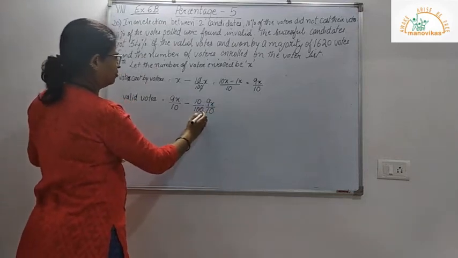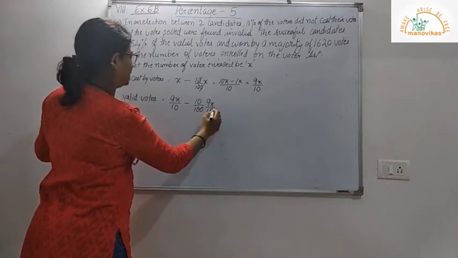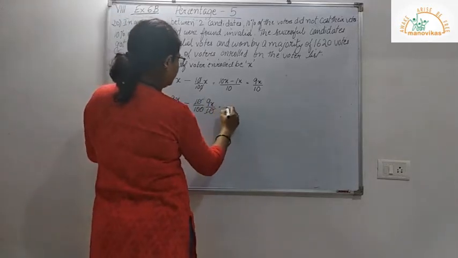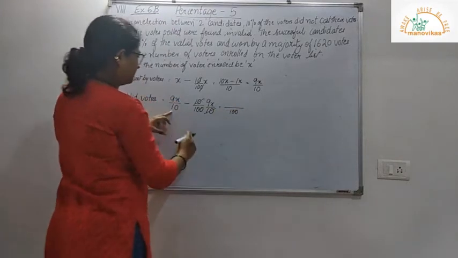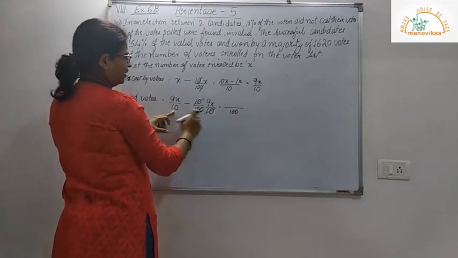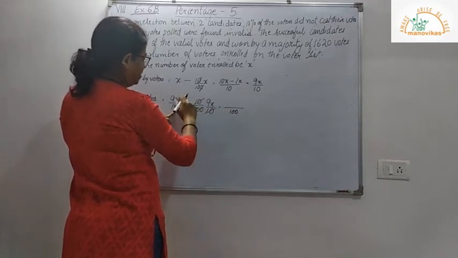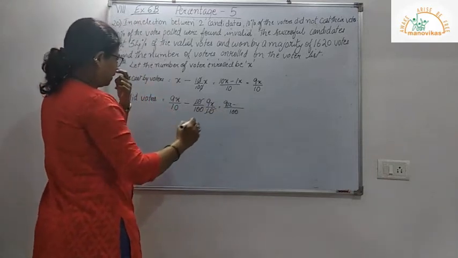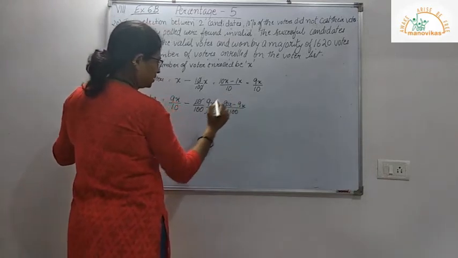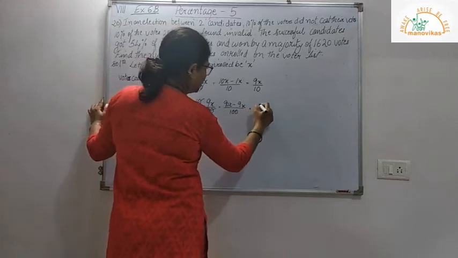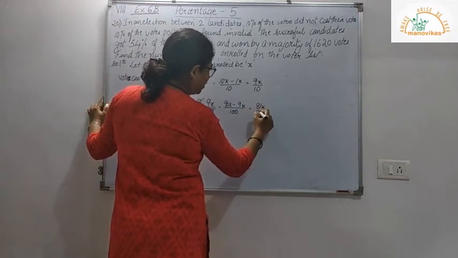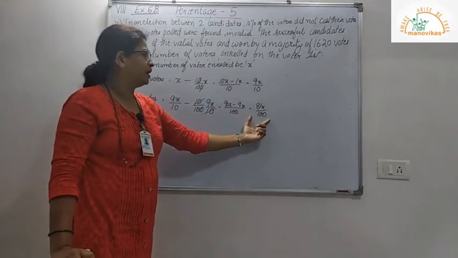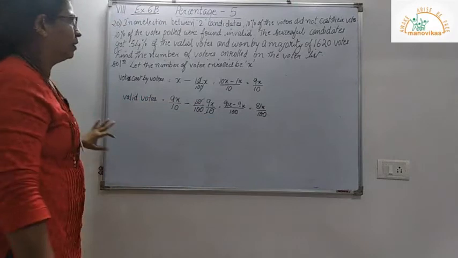So here now we can cancel out, that is 10, 10. So my LCM here is 100. So 100 divided by 10, that is 10. So 10 into 9 gives you 90x minus 9x, which is equal to 81x upon 100. So these were the valid votes, right?